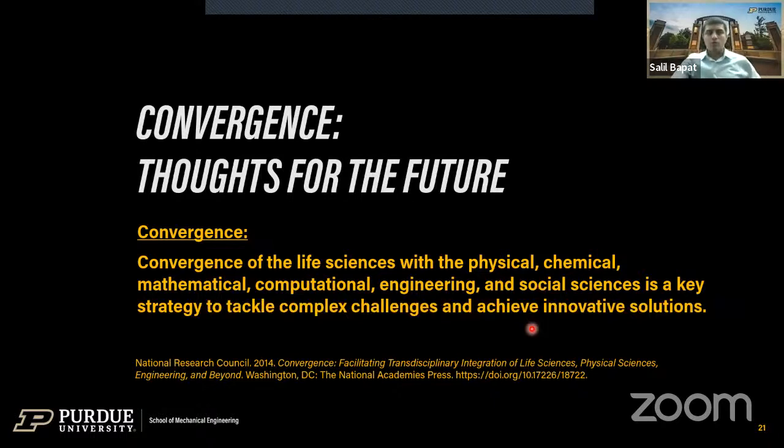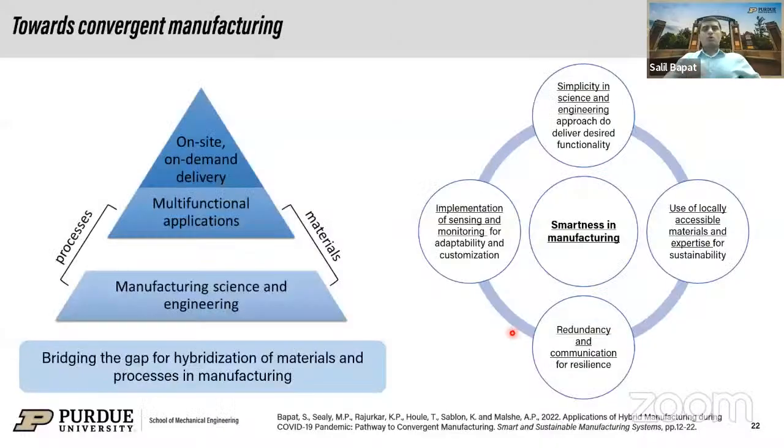So where we view where we are going is not one stream, this versus that, biology, engineering, science, society, economics, everything. It is all converging together. And digitization is part of it. So what we see is going towards convergent manufacturing.